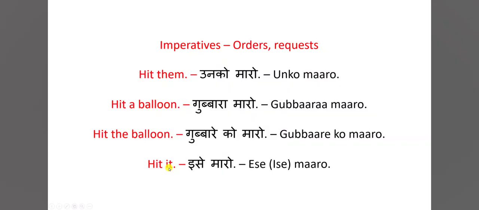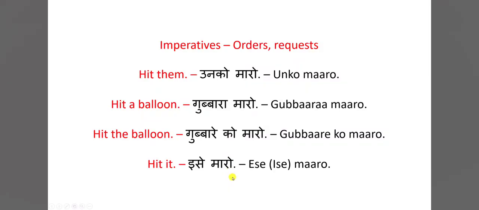But if we have a pronoun like this as the object of a sentence, then we need to add ko. So it is a pronoun here, and so we need to use the ko version. Ise, which is isko. Isko maro. Hit it.